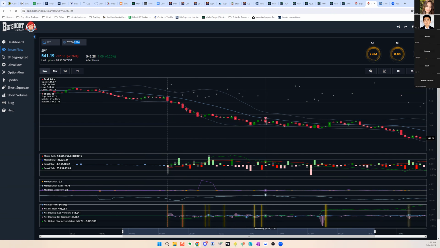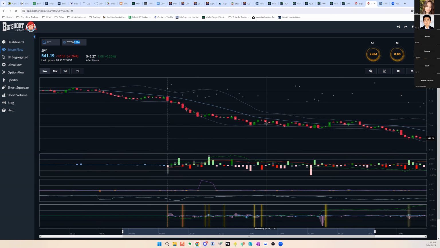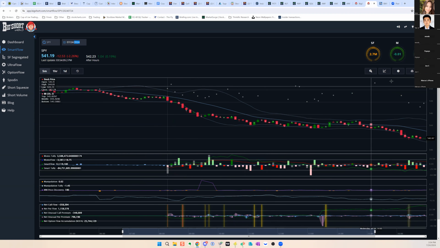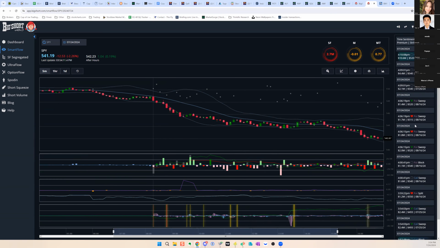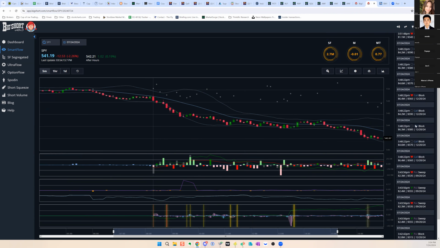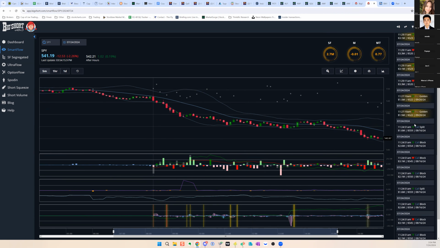I could take this question. Yeah, go ahead. So there's a lot of options being traded today, and we don't know the time frame of when these people are planning to exit. If you open the option detail pane, you can see the expirations of the options of all these golden sweeps, and then you can surmise a little better.